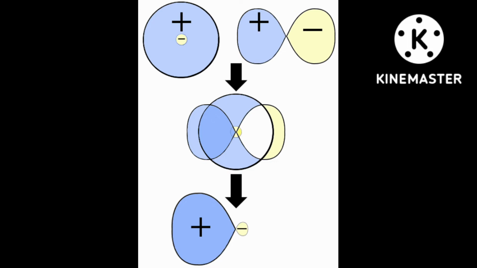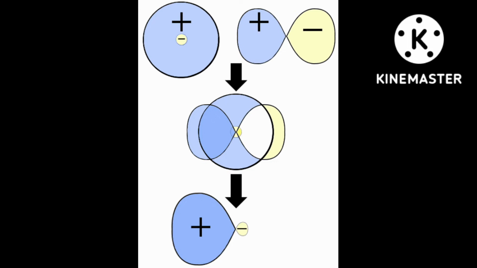Like that, if one s orbital and three p orbitals mix, they will make four new orbitals, and the name will be sp3. All the new orbitals, called hybrid orbitals, will have equivalent energy.